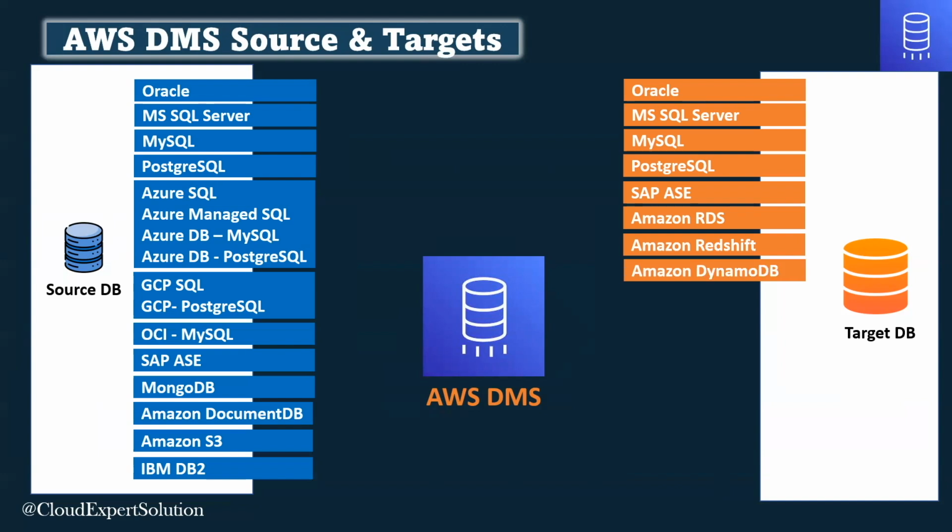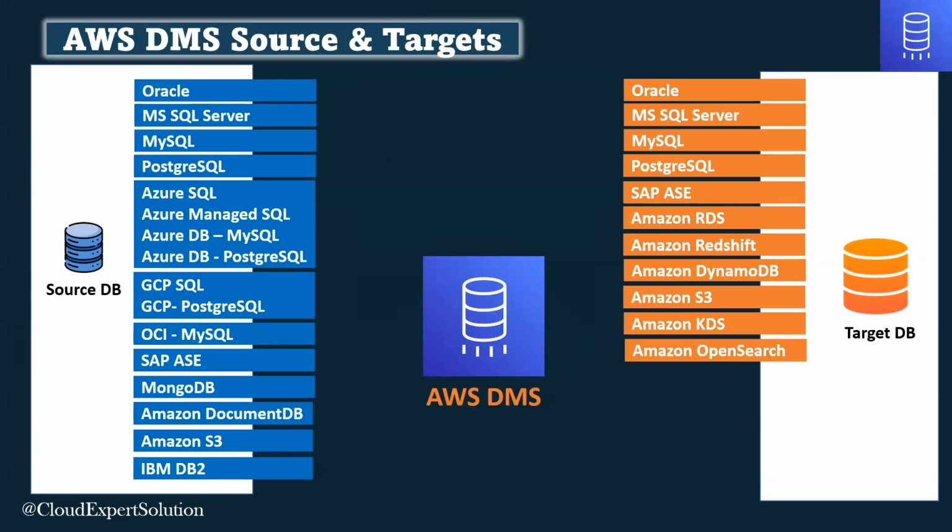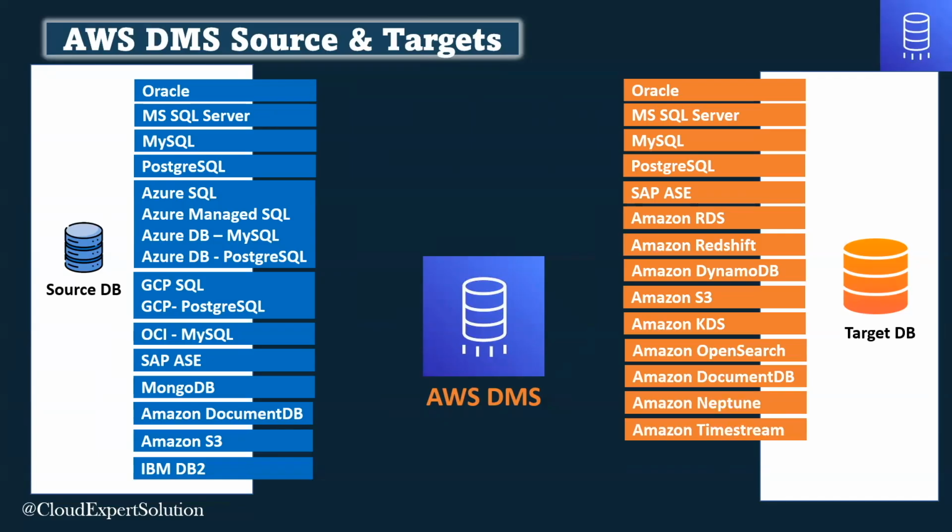You can go to Amazon DynamoDB, Amazon S3, Amazon Kinesis Data Streams, Amazon OpenSearch, Amazon DocumentDB, Amazon Neptune, Amazon Timestream, Babelfish, and last but not least, Redis. So you can see in terms of target, it supports a wide range of targets.